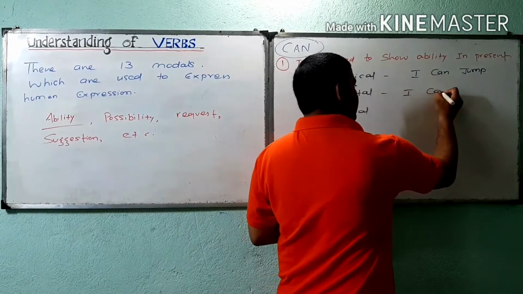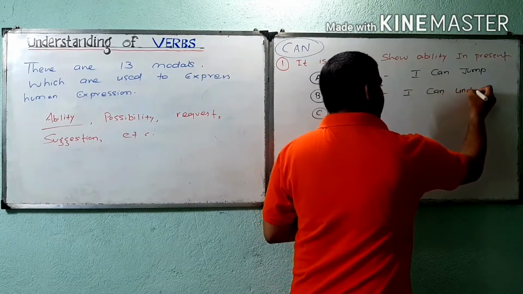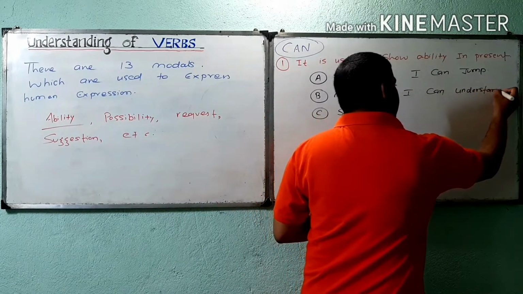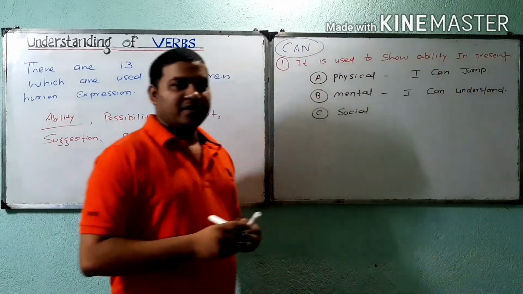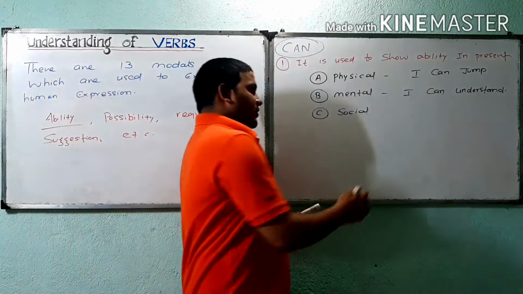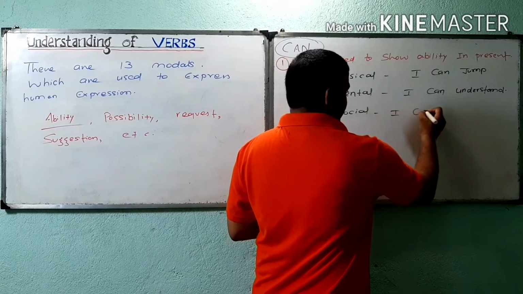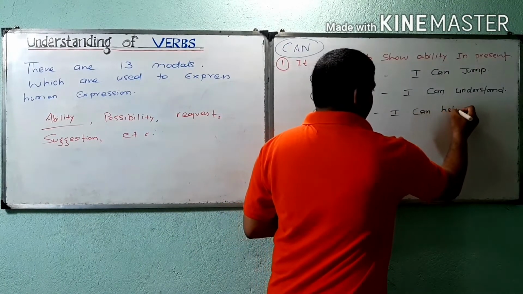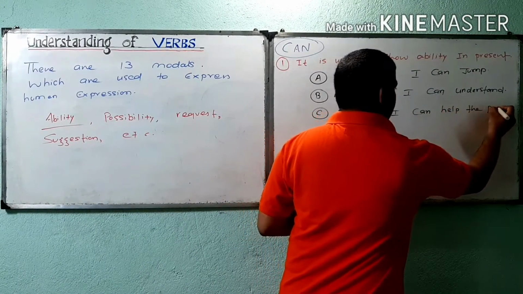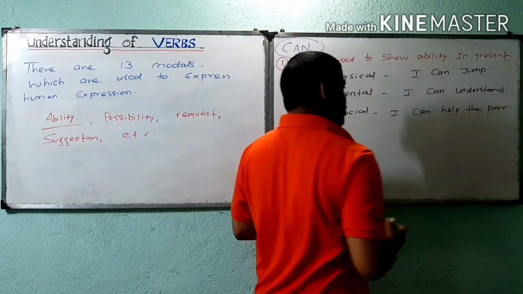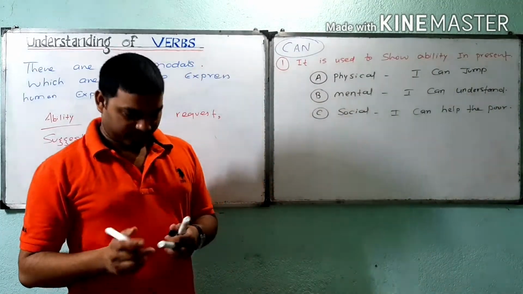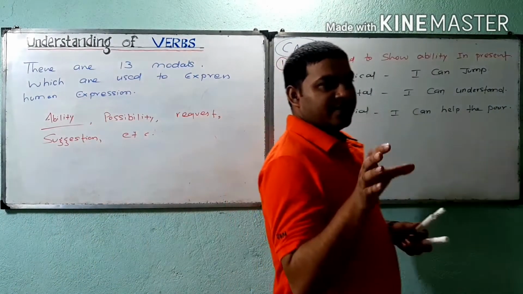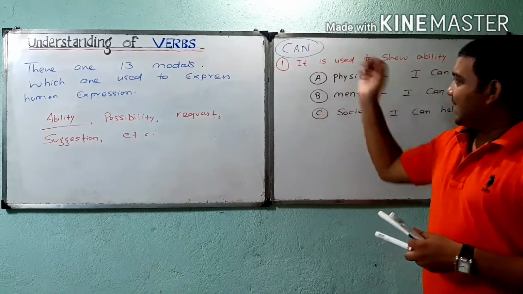I can understand, it's a mental ability. And if we talk about social, I can help the poor. This sentence is showing my social ability. So, can is used to show ability.